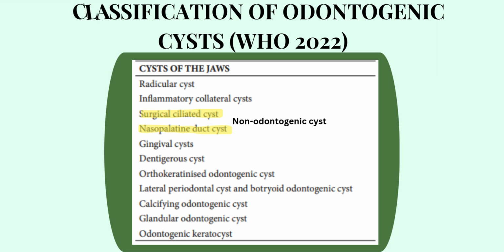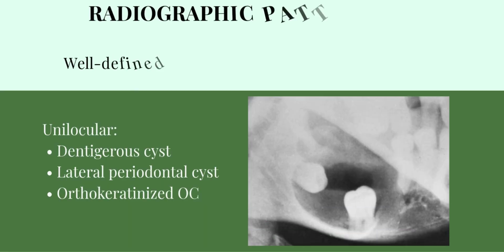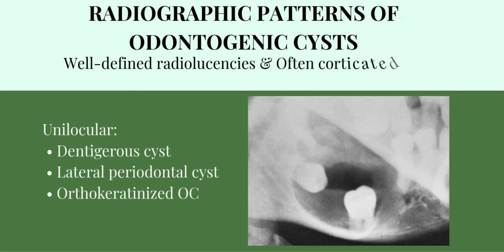Before we finish, let's look at some general radiographic patterns seen with odontogenic cyst. Most odontogenic cysts appear as well-defined radiolucencies, often with a corticated border, which helps distinguish them from infections or other tumors. A large number of developmental cysts like dentigerous cyst, lateral periodontal cyst, and OOC are typically unilocular radiolucencies.